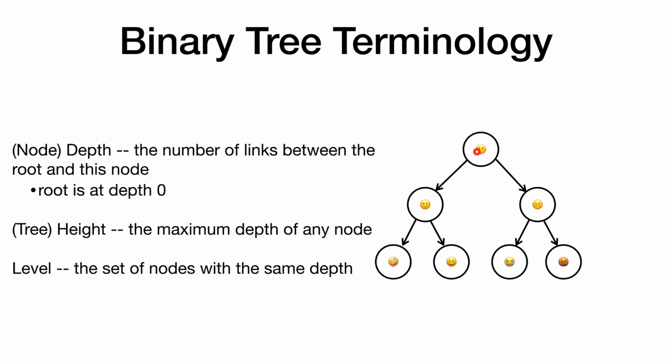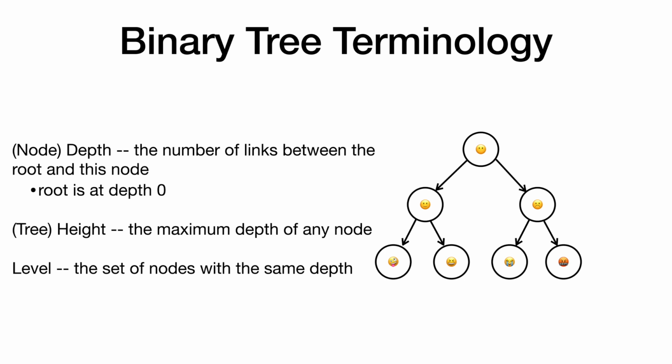The depth of the root is always 0. Depth of the goofy face here is 2 because there's 2 edges from the root. The height is the maximum depth of any node in the tree. So here, the maximum depth is 2, which means that's our height.